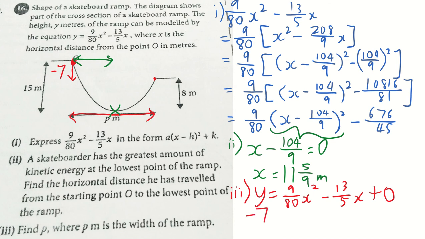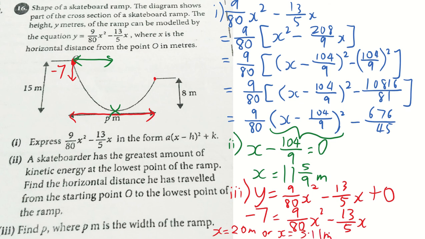So we can replace y with -7, and then we will get the entire equation. From here we can start to solve for x. Using the shortcut method in the calculator, we will find out the distance of x is equal to 20 meters, or x will be 3.11 meters.